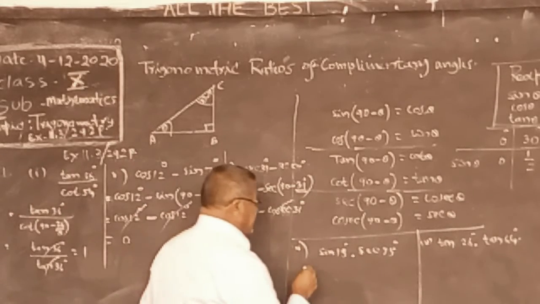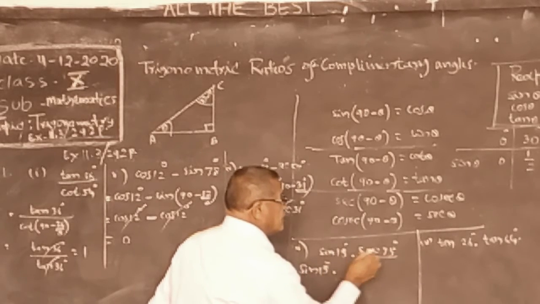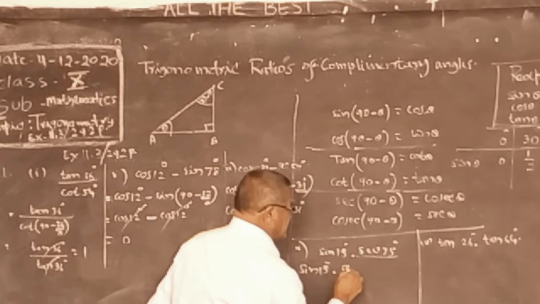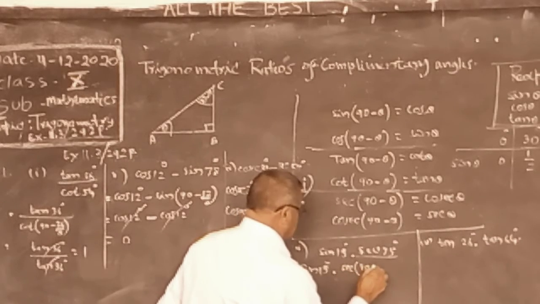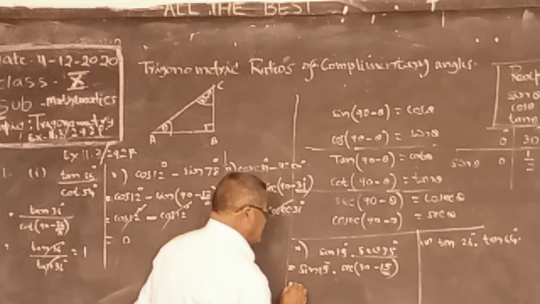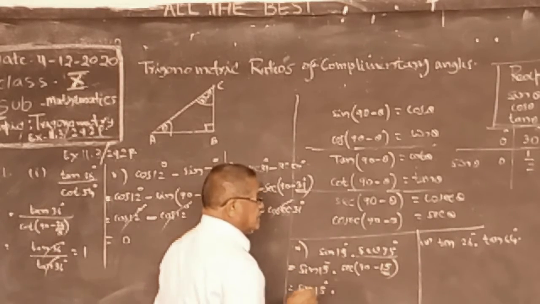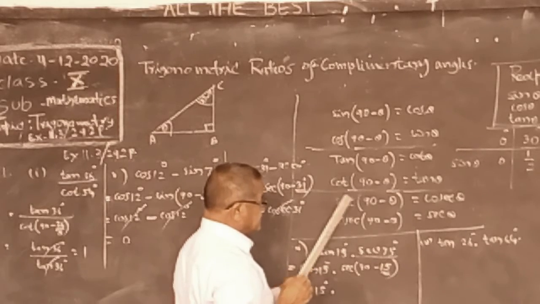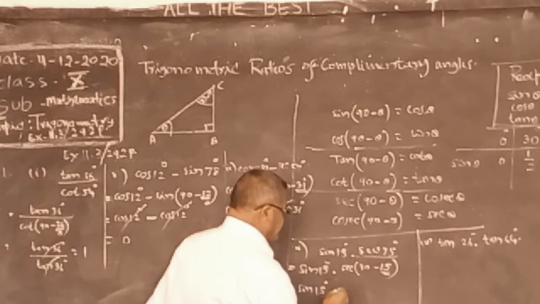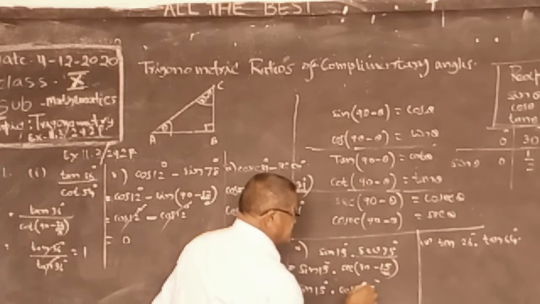And sin 15, write as it is, sec 75, sec of 90 minus 15. Sin 15 degrees into sec 90 minus theta, which is cosec theta, cosec 15 degrees.